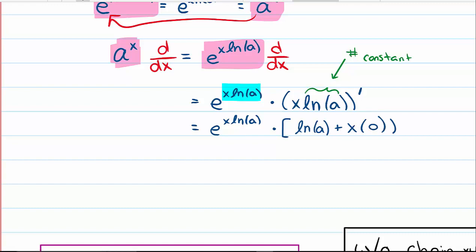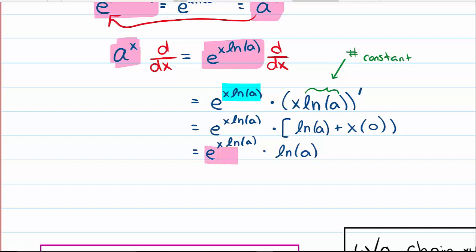So 0 times x is just going to be 0. So you get e to the power of x ln of a times ln of a.